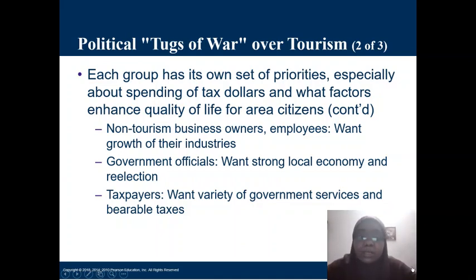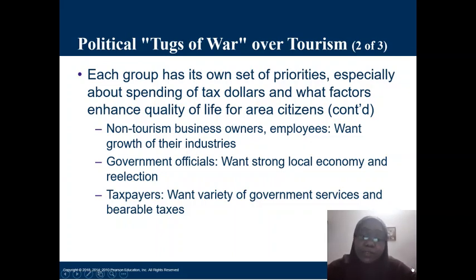Government officials want a strong local economy as well as re-election. I don't want to call them conflicts of interest again, but it's a kind of tug of war, because they are not all in one direction. The directions of these different groups are actually diverse.